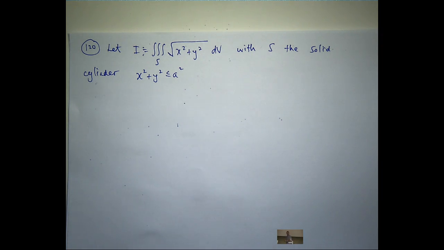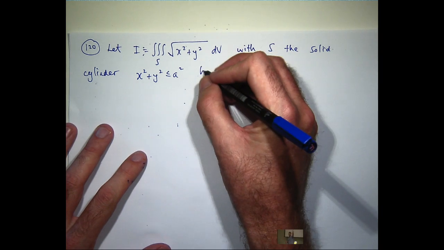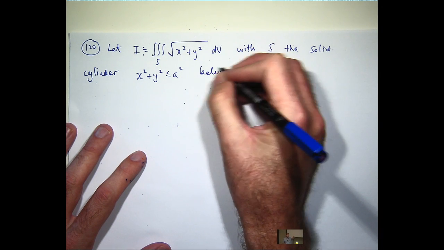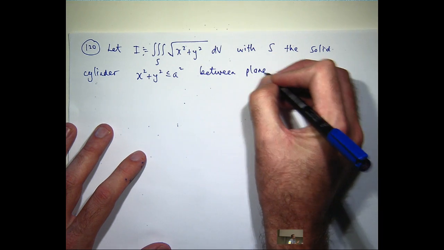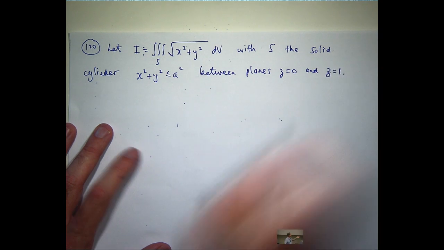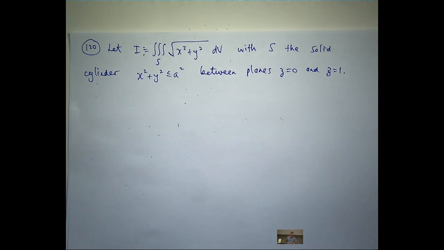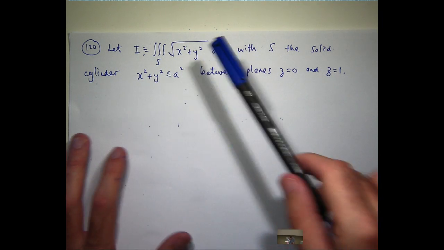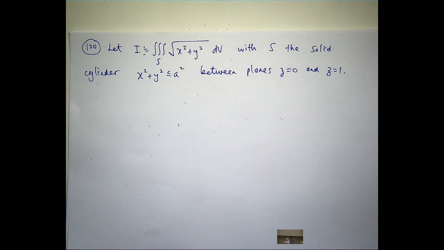It's still the same region. We want to evaluate this. So this doesn't have anything to do with volume necessarily. All we've got is some triple integral and we're given the region of integration. Let's just evaluate the triple integral. But we don't have the limits of integration. That's what we need to find.